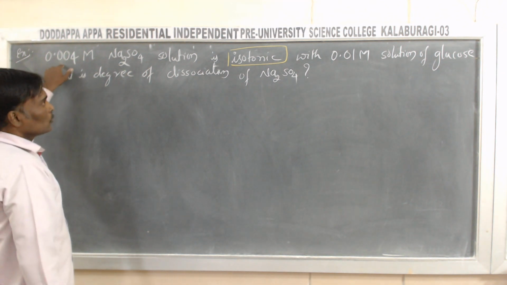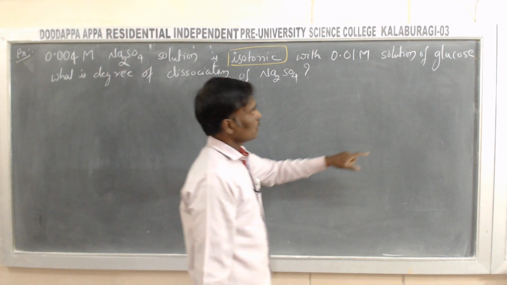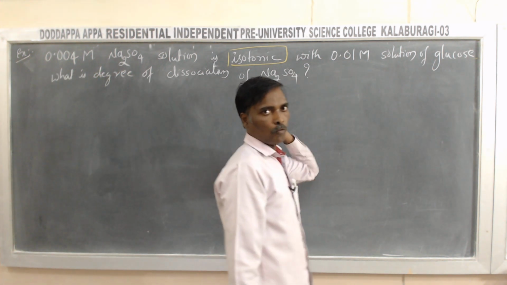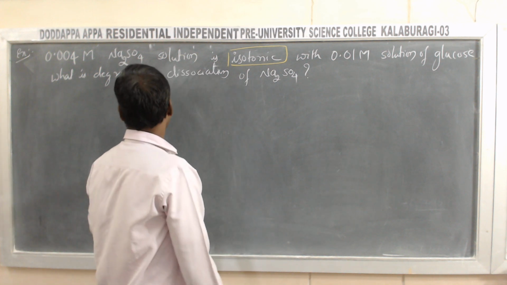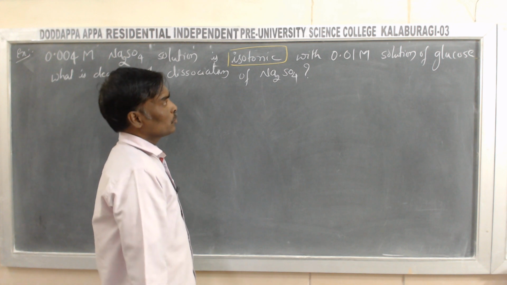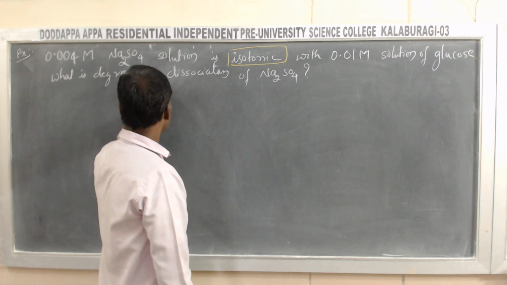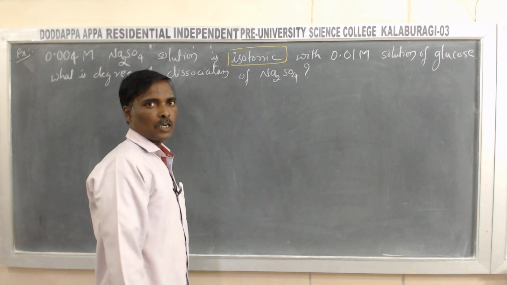Now, one is an electrolyte and another one is a non-electrolyte. One undergoes dissociation in the solution, another one does not undergo any dissociation or association. It is a non-electrolyte. Then what is the degree of dissociation of this electrolyte?